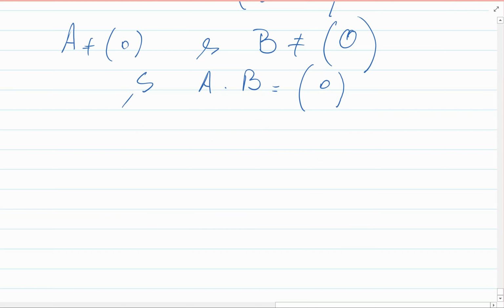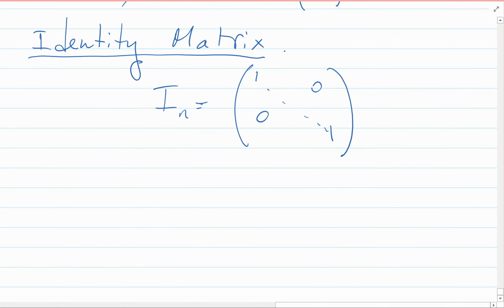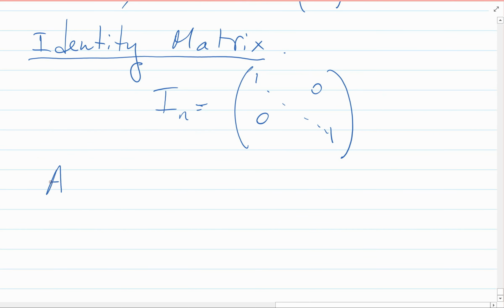Moreover, we have the identity matrix, I_n, which is a square matrix of size n with 1 on the diagonal and 0 everywhere else. If you take A, I just need the number of columns of A to be the same as the number of rows of I_n, which is n.